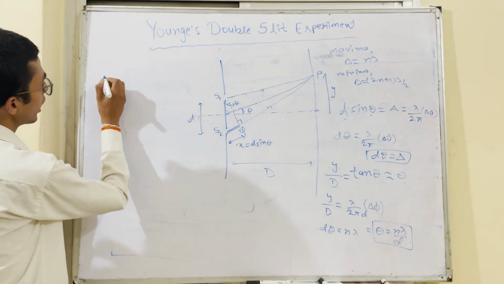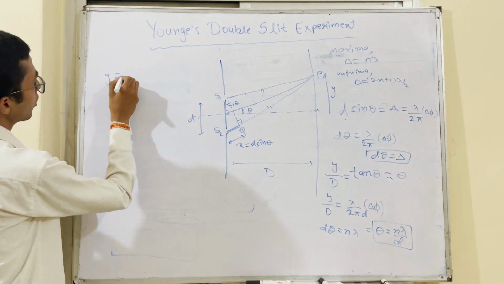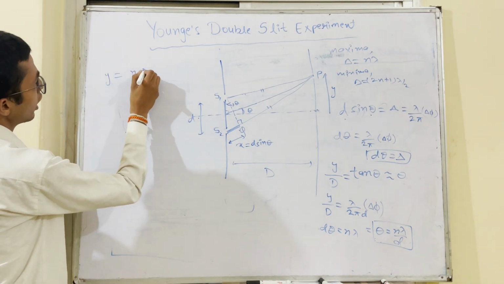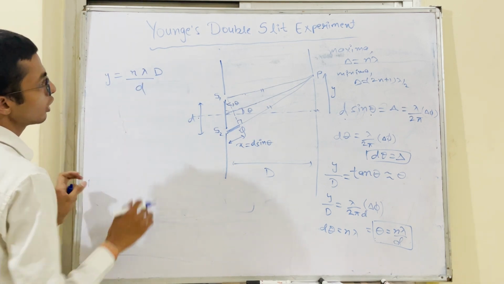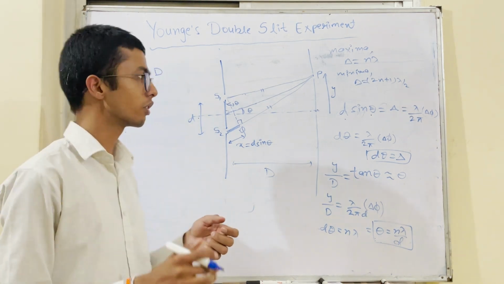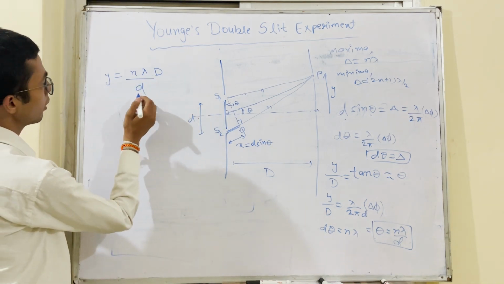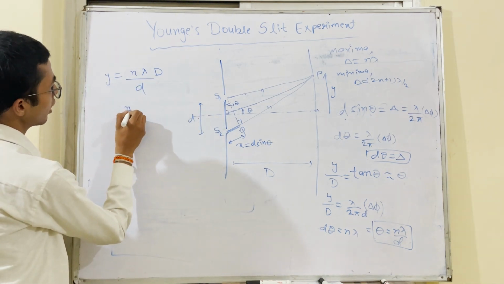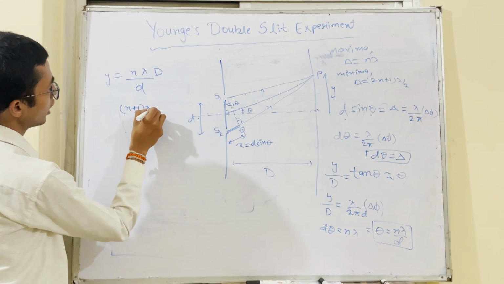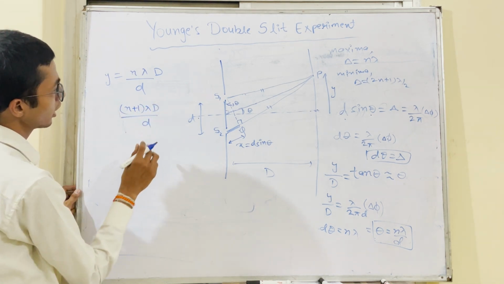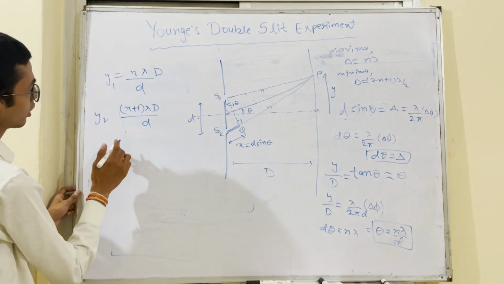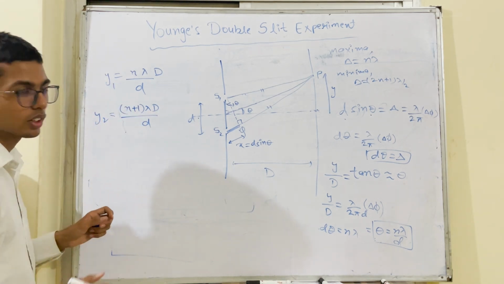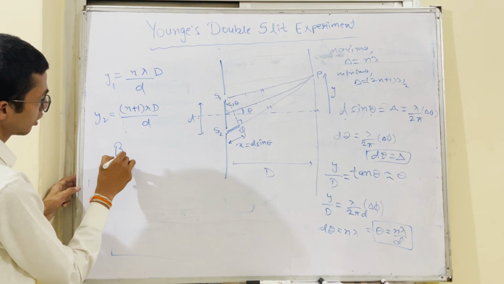The distance of the nth bright fringe is n lambda capital D by small d. To find the distance between two consecutive ones, one is at n lambda capital D by d, and another bright fringe will be at n plus 1 lambda capital D by small d. So y2 minus y1 gives the fringe width, which we denote as beta.